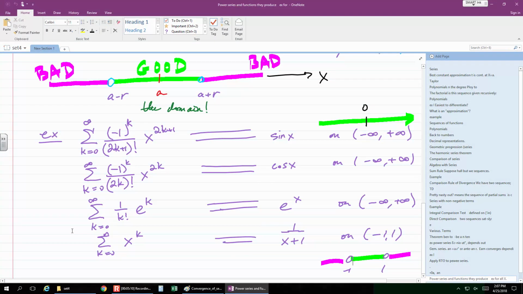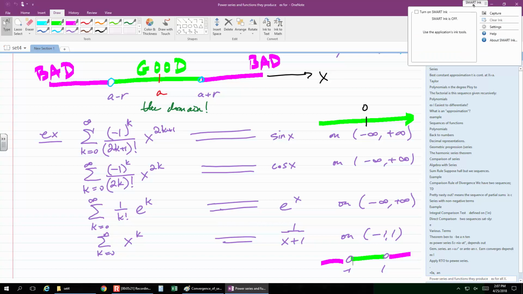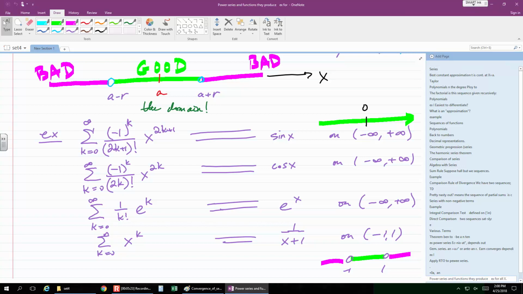So what I mean is, I could take either one of these series and multiply it by a number, or anything else, including x. For example, I could put a 3 here and a 3 there.